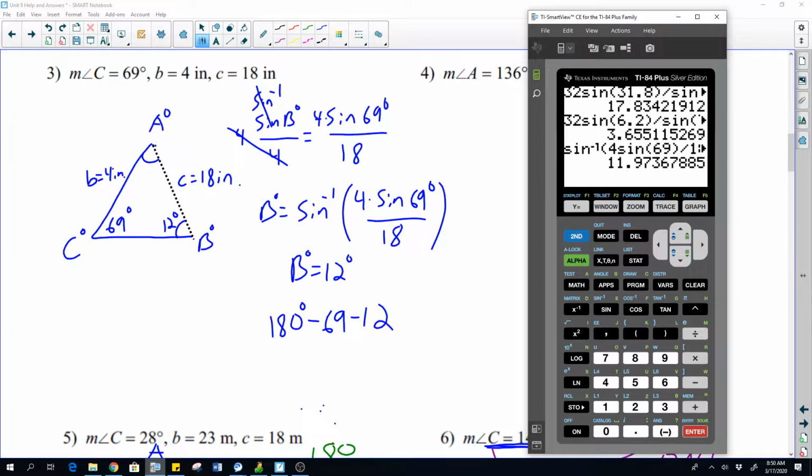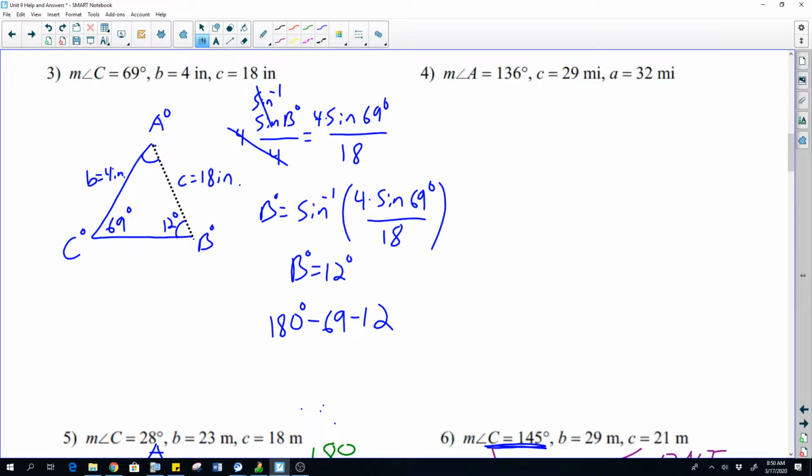So we get 99 degrees, which is bigger than 90 degrees. So this will, in fact, be an obtuse angle, even though it doesn't look like it, not drawn to scale. So 99 degrees does indicate it's obtuse.